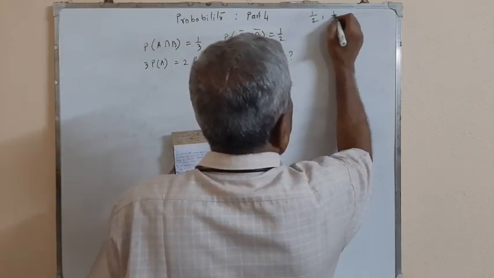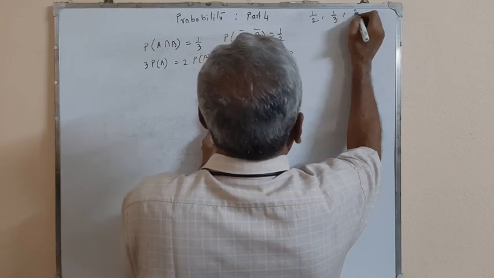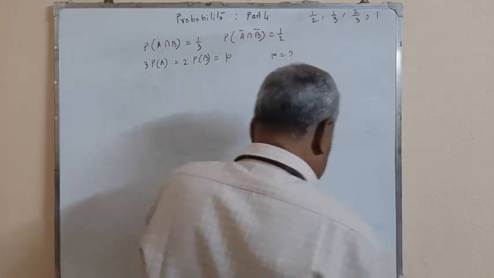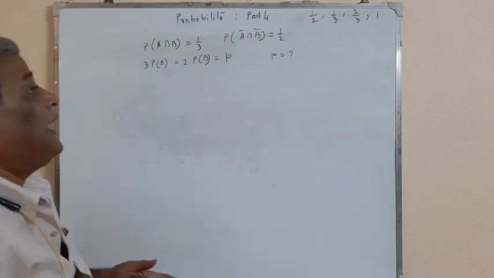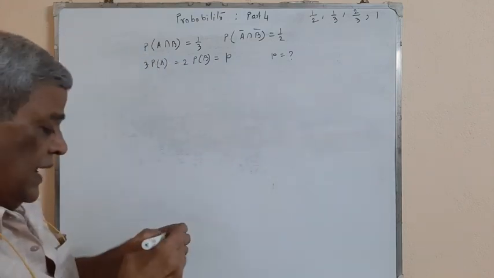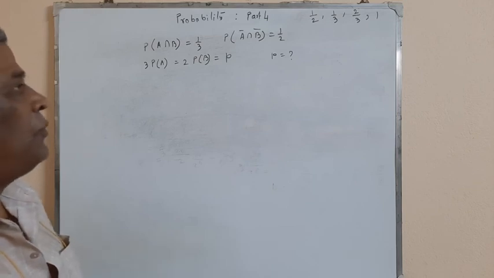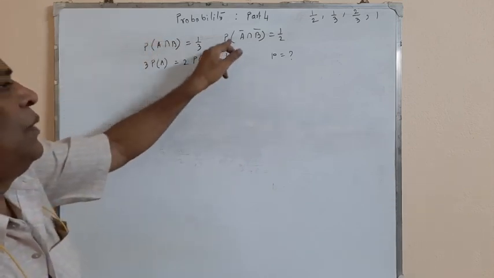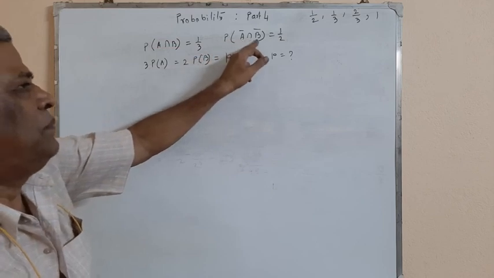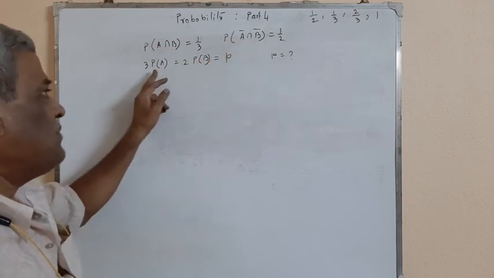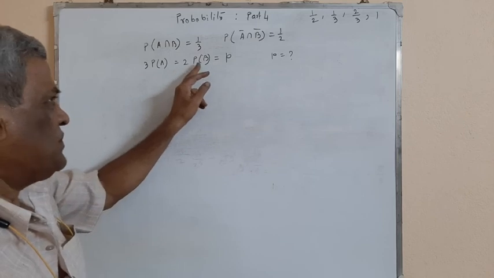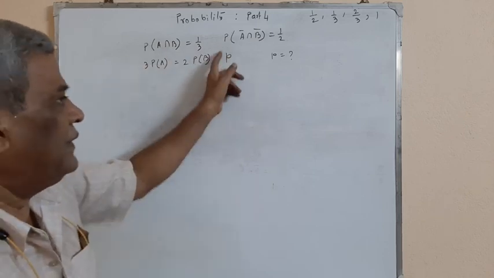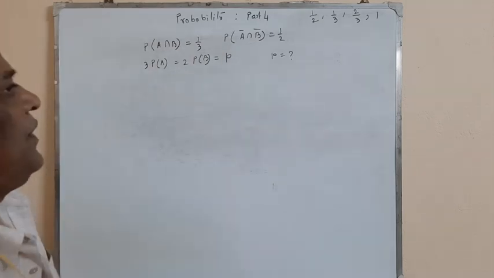Options: 1 by 3, 2 by 3, and 1. Actually, A and B are 2 events, and the information about them is: probability of A meet B is this, probability of A bar meet B bar is this, and 3 times PA is equal to 2 times PB is equal to P. Then we have to obtain the unknown quantity P.